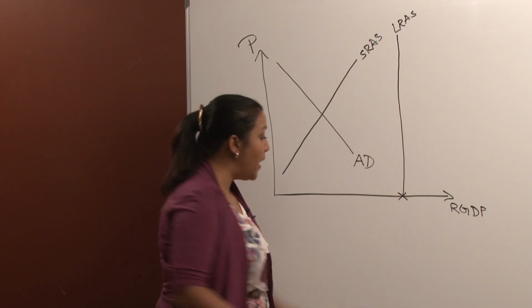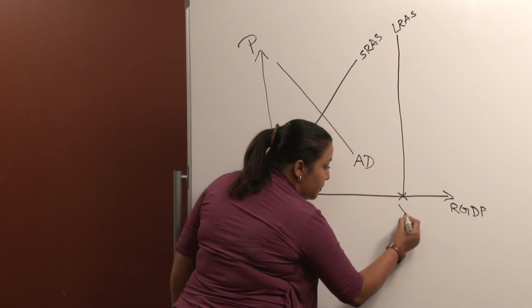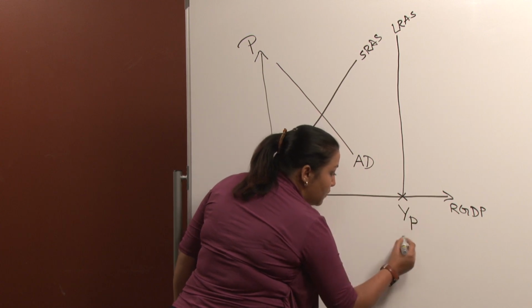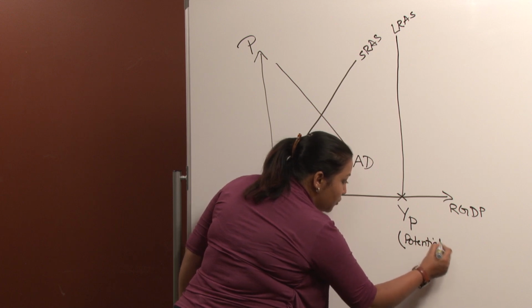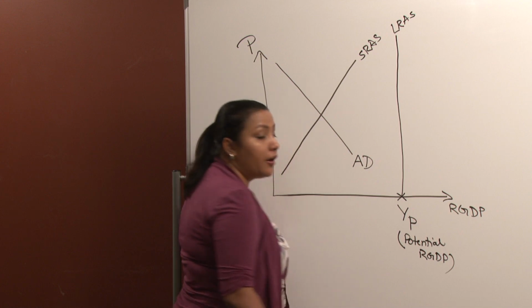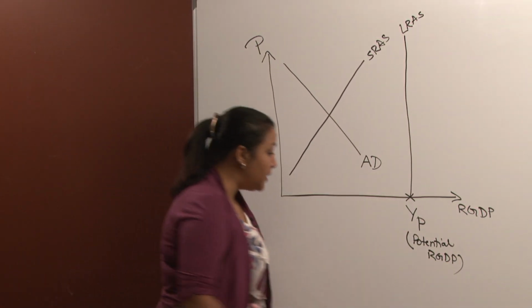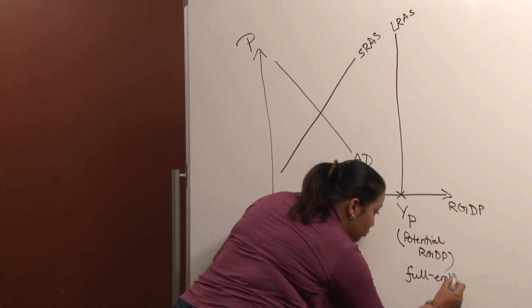That is why this real GDP corresponding to the long run aggregate supply is also known as potential real GDP, YP. This basically means this is the maximum achievable target for the economy. Sometimes this is also known as full employment real GDP.